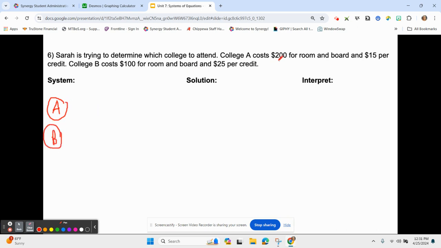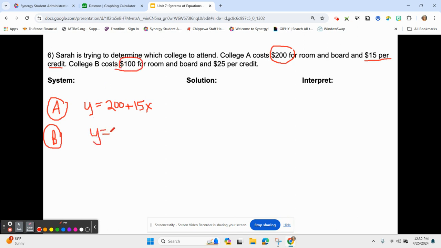And college A's starting point is $200 plus $15 per credit. Hey, that sounds like slope and y-intercept. Y equals $200, that's the startup, plus $15 for every credit. There it is, 15x. And for my college B, hey, startup is $100.